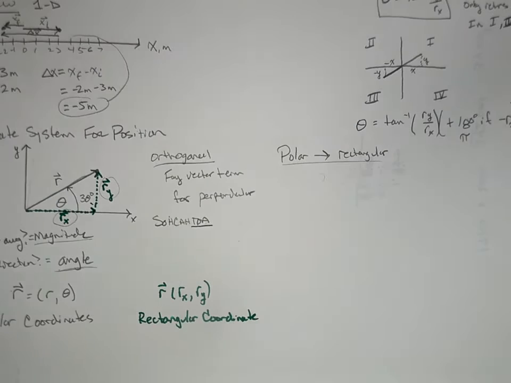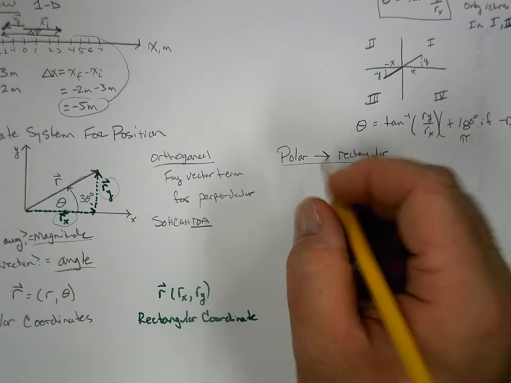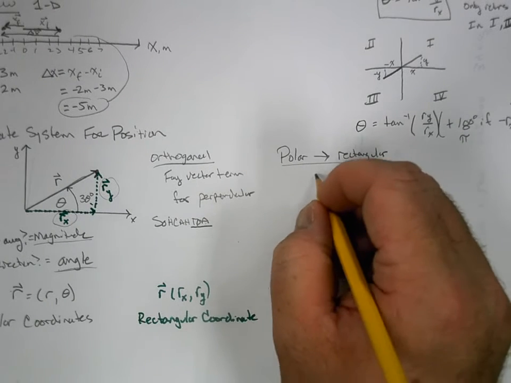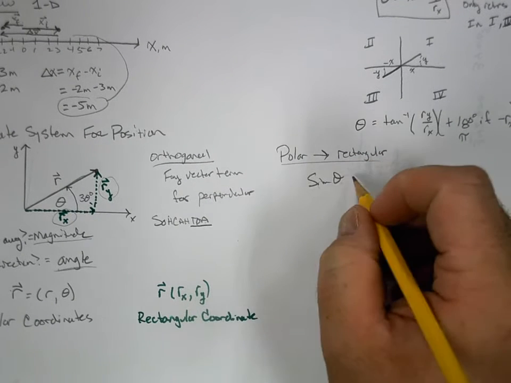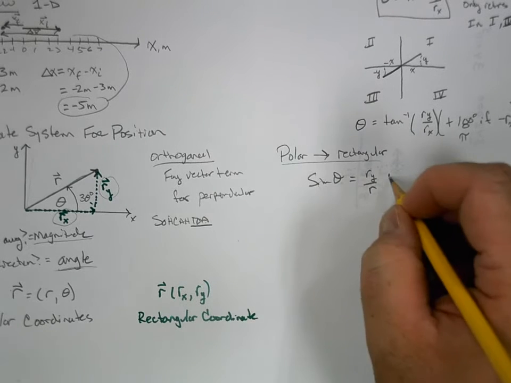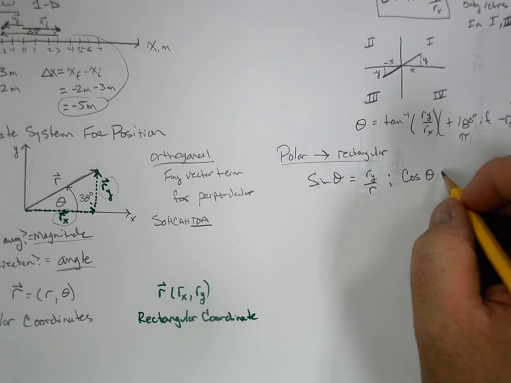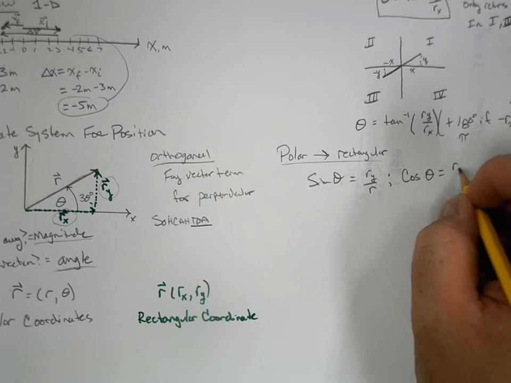Okay, well, so we know from this over here that sine of theta equals ry over r, and cosine of theta is going to equal rx over r.